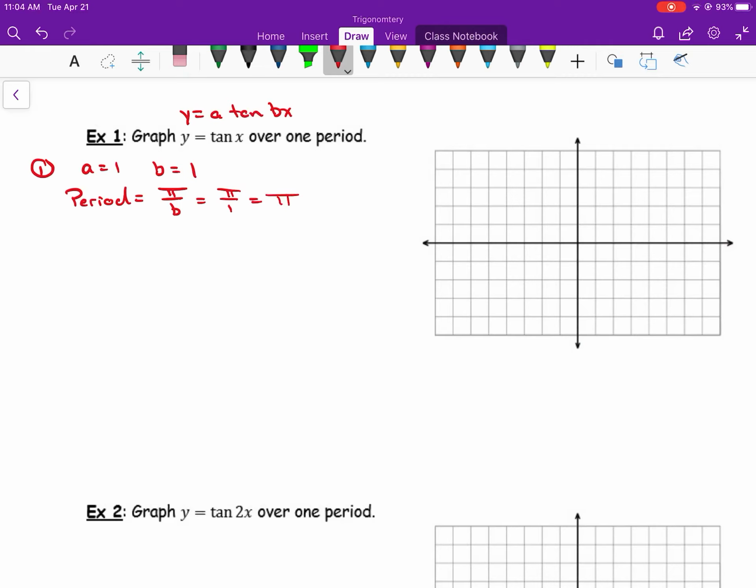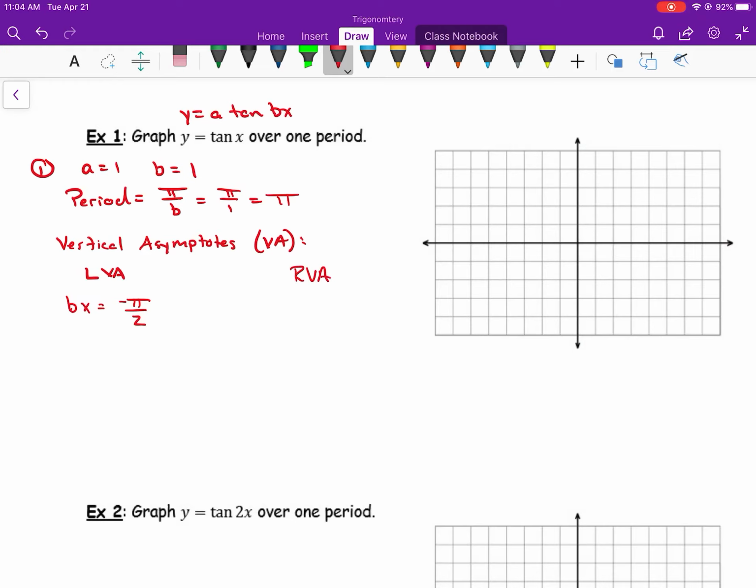So that's our period. Now we're going to find our vertical asymptotes. So our left vertical asymptote, bx equals negative pi over 2.